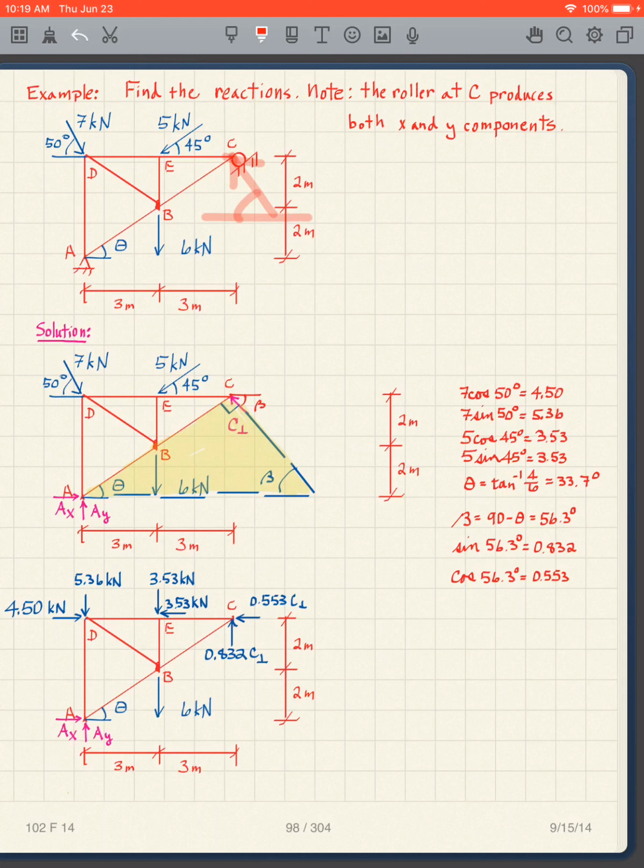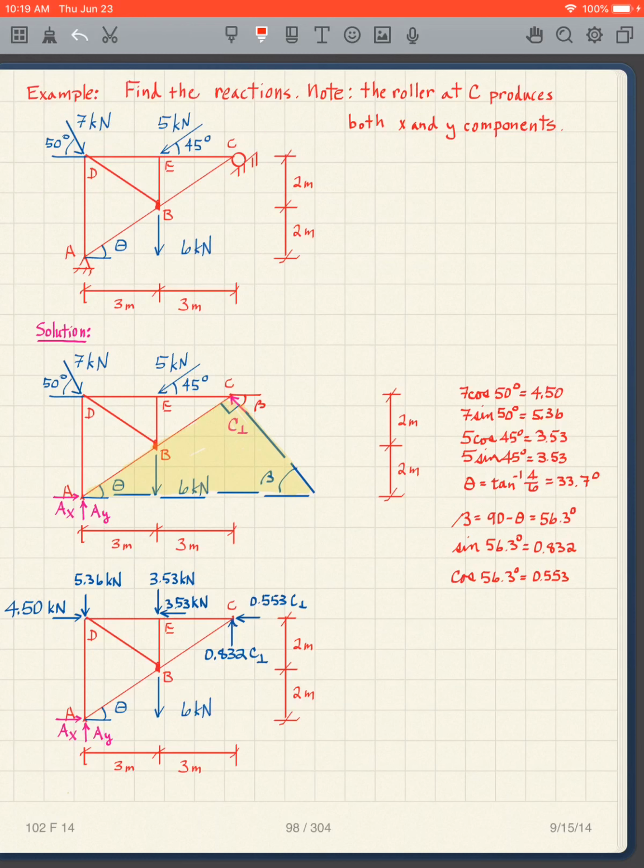I'll call it beta. How do I get that? Well, I can create this triangle here that looks like that. I'm going to call this force at C, C perpendicular. So that's the unknown force.